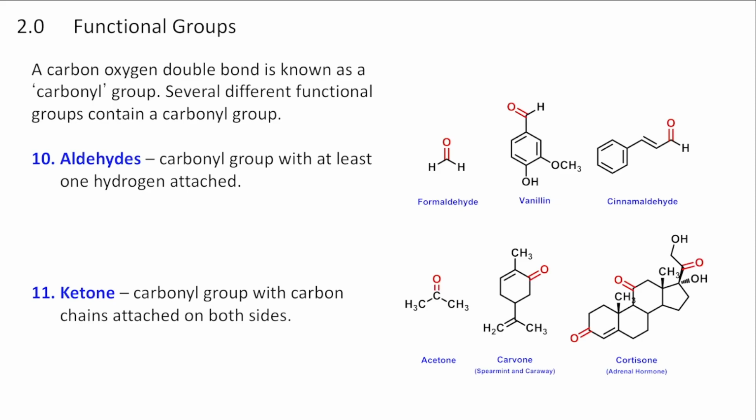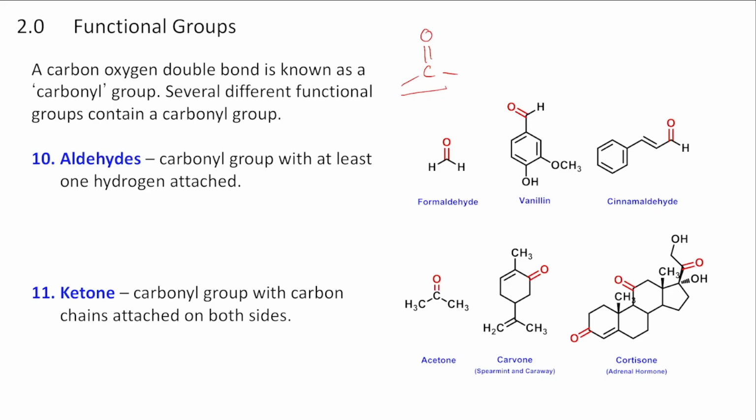The next bunch of functional groups will all have a structural unit in common, which we call the carbonyl group. The carbonyl group is a carbon double bonded to oxygen, like you see here. And what distinguishes these next functional groups from each other is what else is attached to the carbon atom on the carbonyl group.